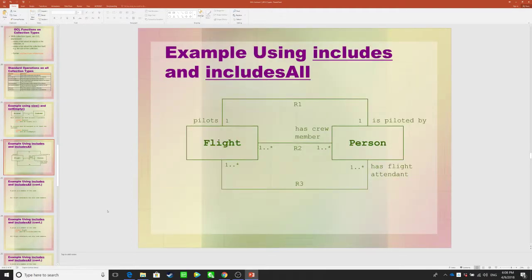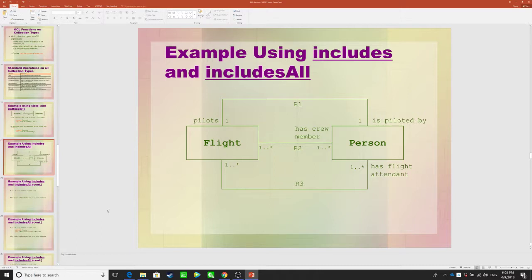So this is another interesting example. Here we have two classes called flight and person, and there are a whole bunch of relationships between the flight and the person. R1, R2, R3. R1 is a 1-to-1. Basically, it specifies the pilot of that flight. And R2 is the crew members.